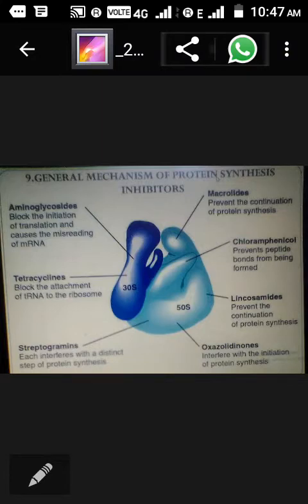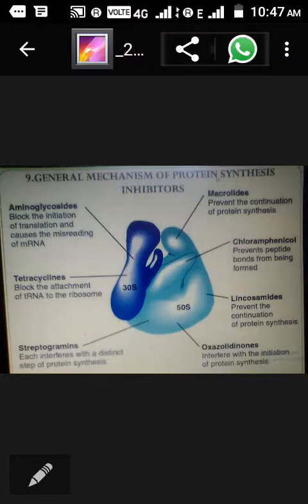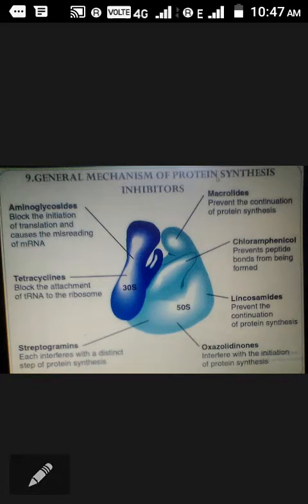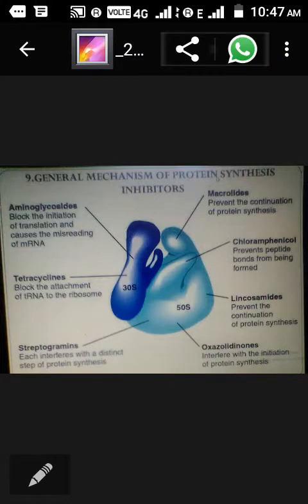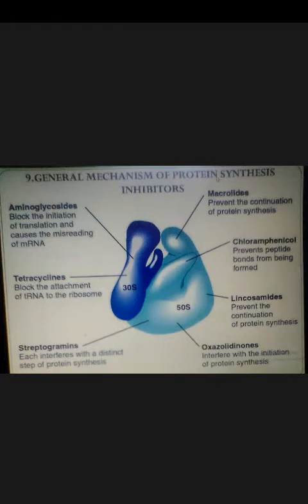ribosomes, which is comprised of both the units, 50S and 30S. This is the prokaryotic ribosome. Some of the inhibitors like chloramphenicol prevent peptide bonds from being formed.